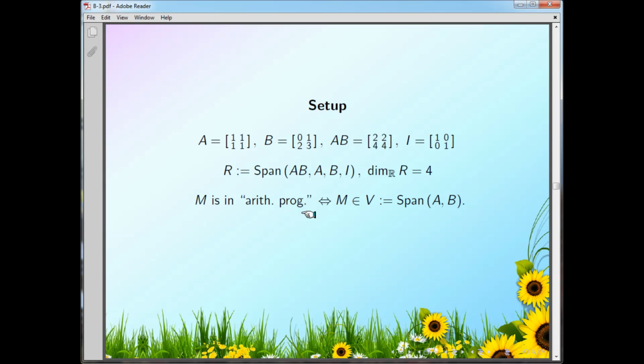So if M is in arithmetic progression, that means M is a linear combination of these two vectors A and B. So our goal is: if M is expressed like that, after you raise it to the kth power, can you get back to V again?